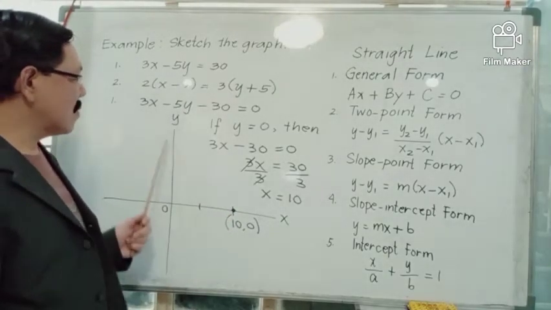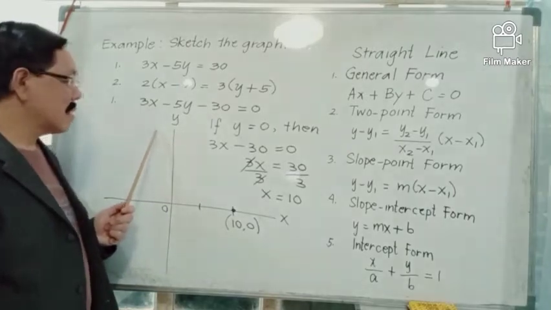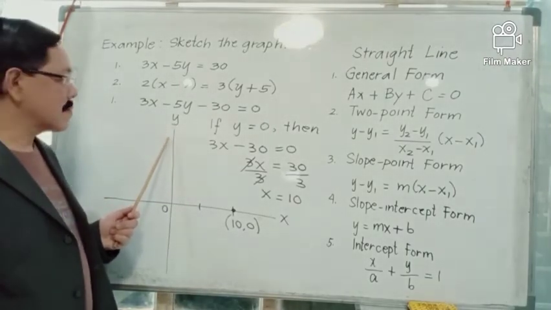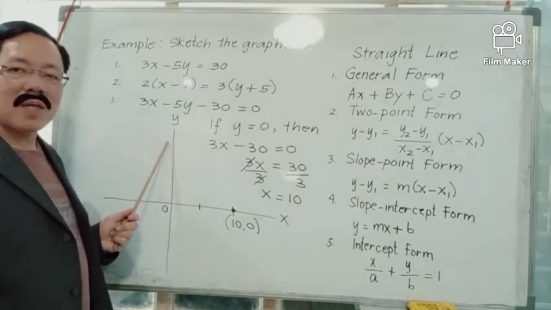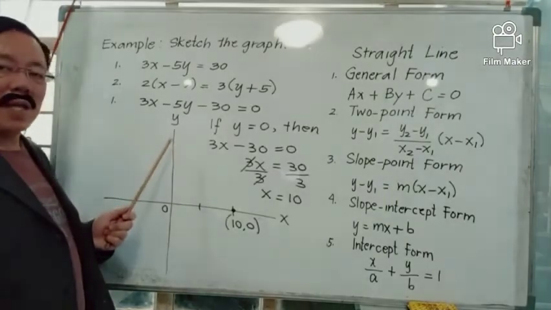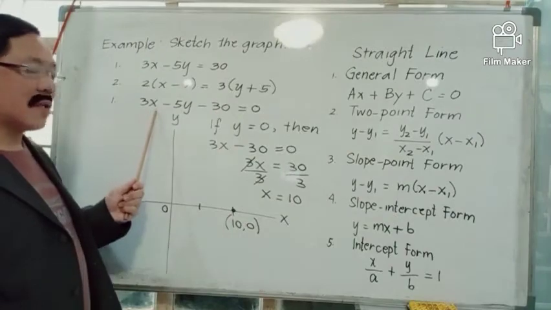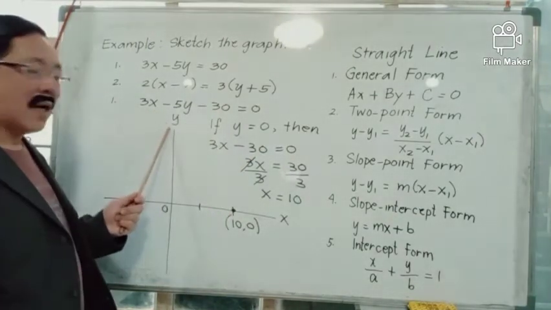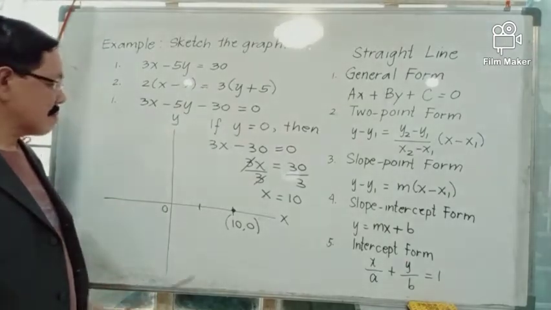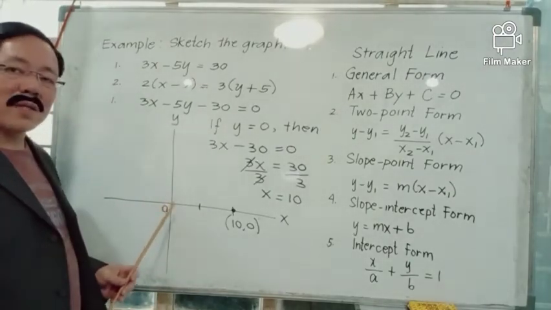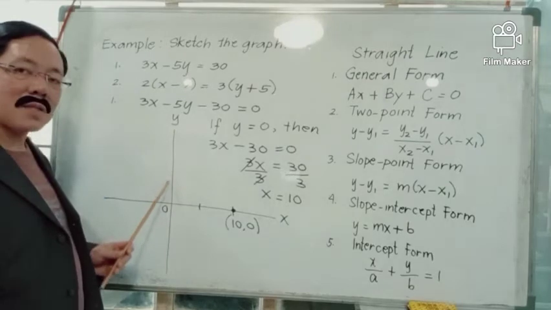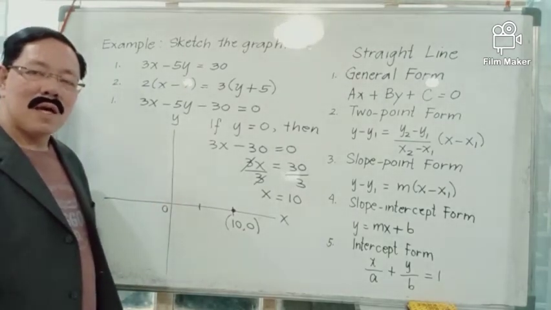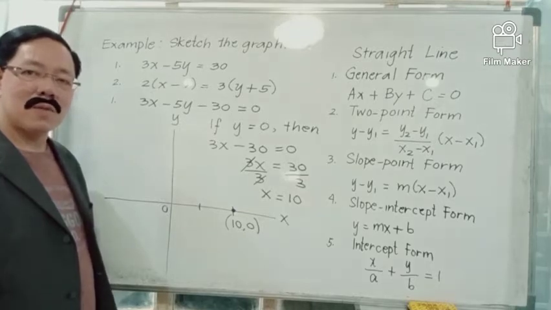Next, we find the y-intercept of the line, the point on the y-axis where the line will pass through. Again, the y-intercept is the point of intersection of the line with this equation, 3x minus 5y minus 30 equals 0, and the y-axis. Since the y-intercept is a point on the y-axis, any point on the y-axis has abscissa of 0.